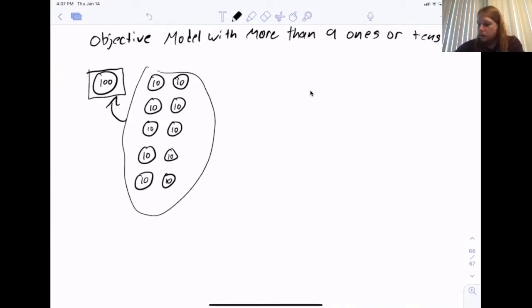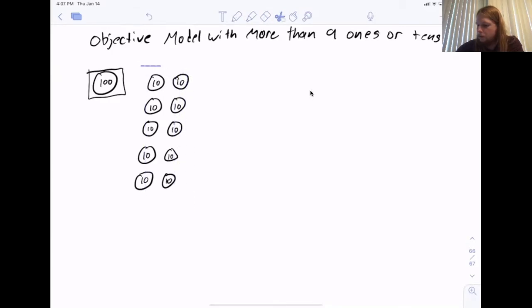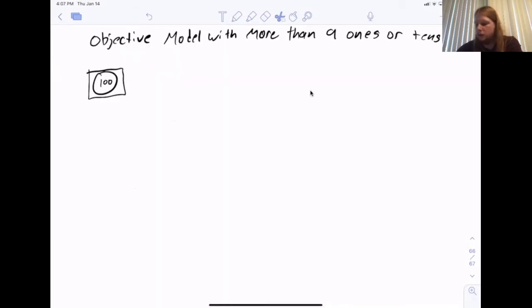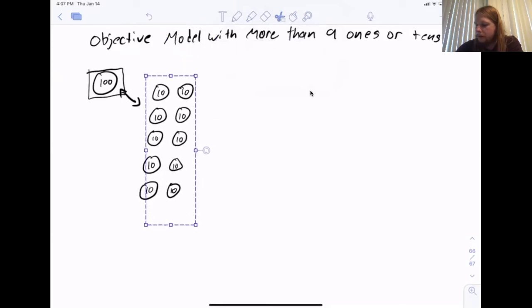Well, what if I told you we could do the opposite? So instead of turning our 10 chips into 100, what if we break this 100 up into 10 chips?